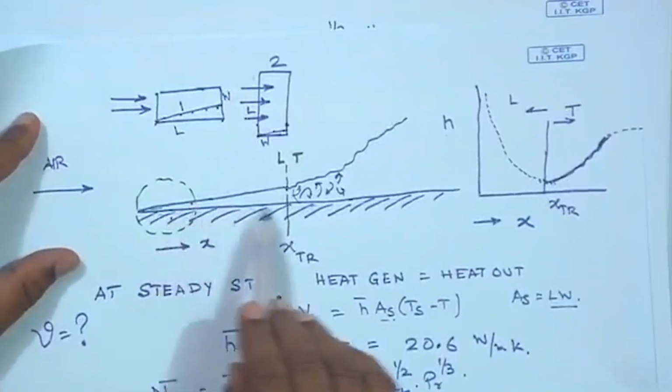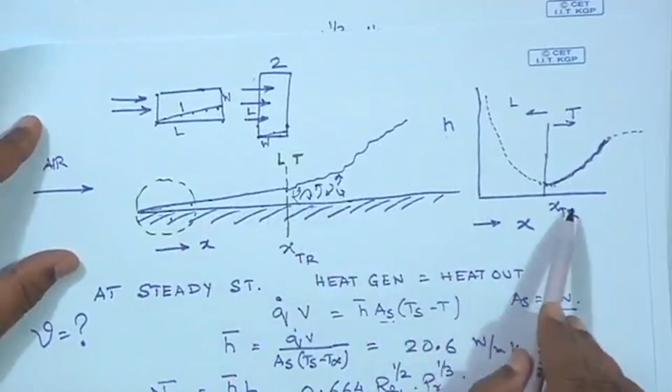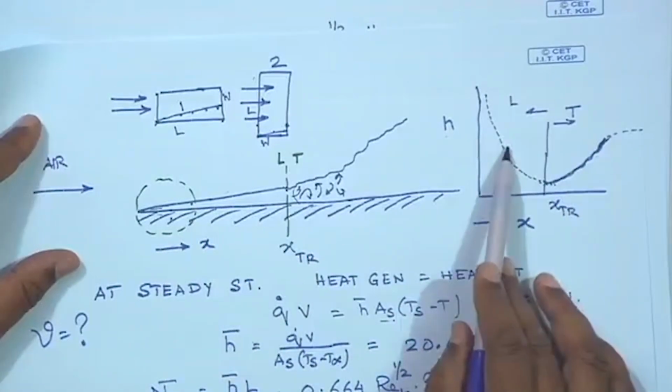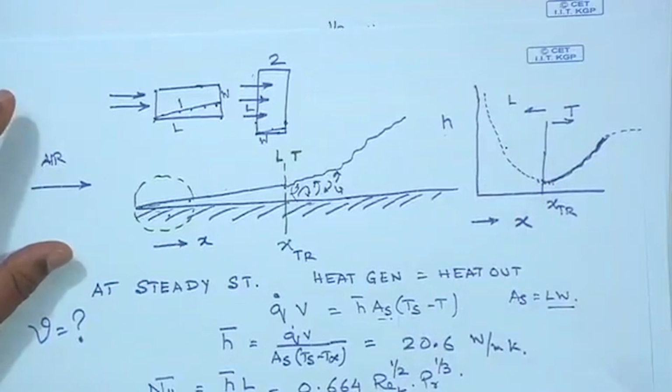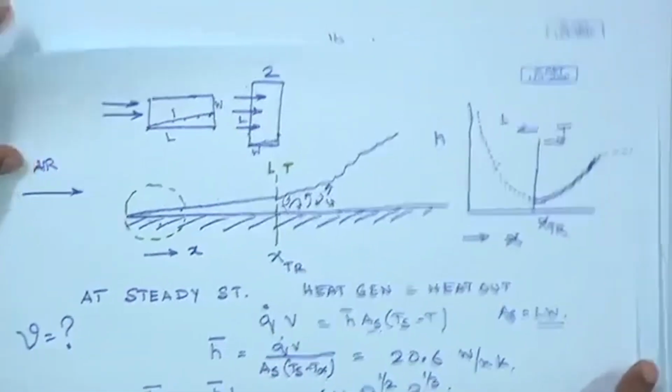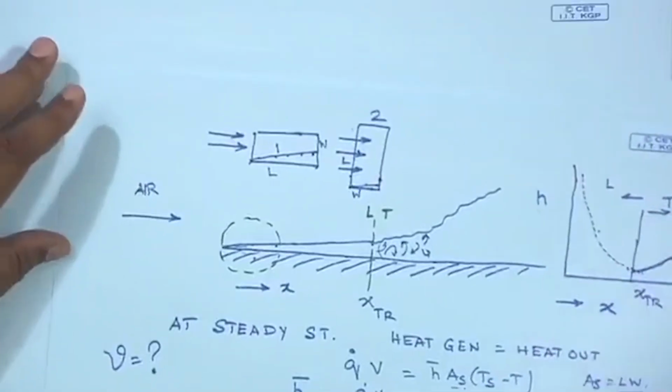So, the purpose of this problem is to give you an idea of how h varies with length, based on whether you are in the laminar zone or in the turbulent zone. So, that more or less completes my tutorials on analogy.